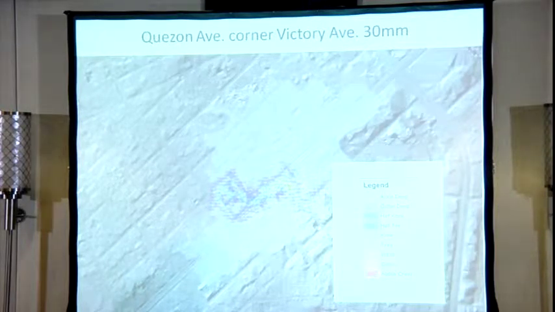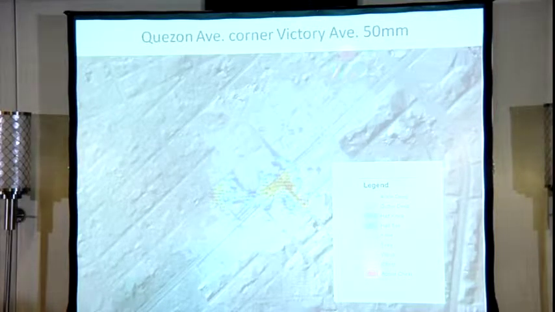If it's 40 millimeters of rain, next slide, please, that would be the scenario of the street in Victory Avenue. Next slide, please. And with 50 millimeters of rain, that's really very torrential rain. That's a large amount of rain falling for 1 hour. And that would be the corresponding flood.